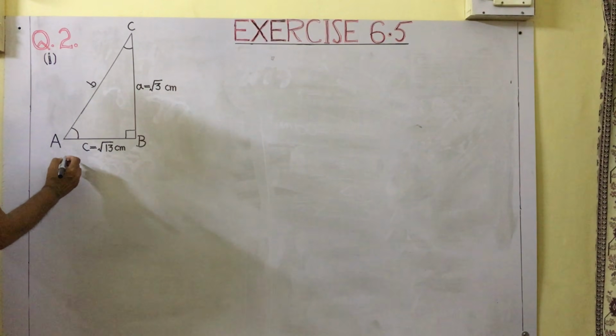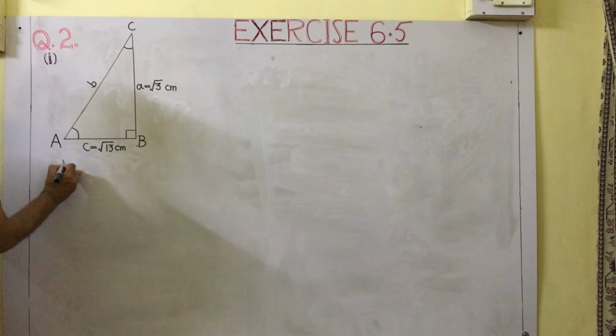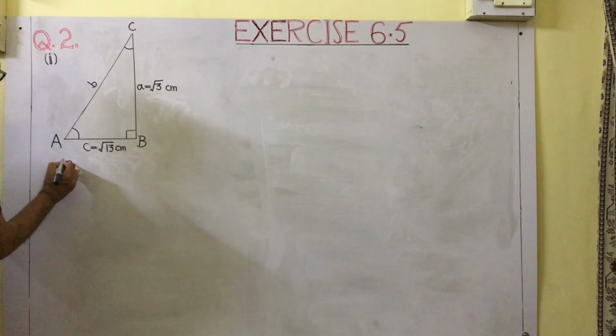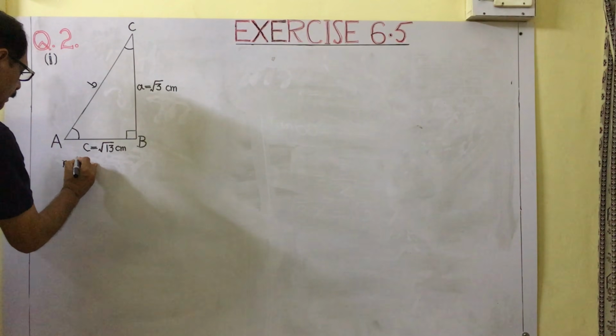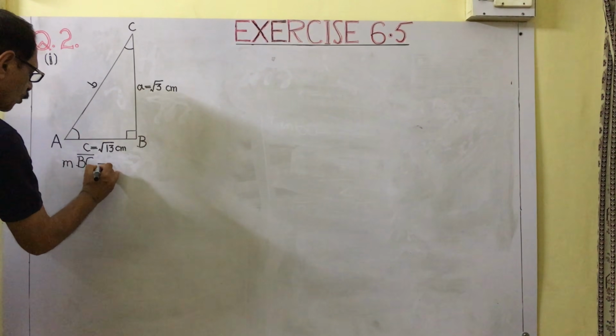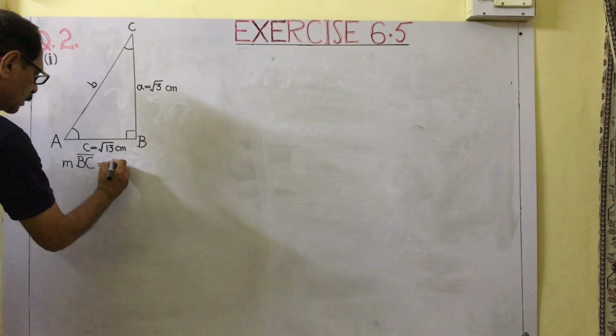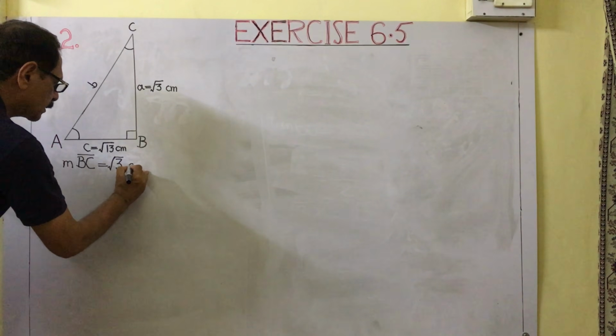Data collection. Measurement of BC: side BC is equal to square root of 3 centimeters.